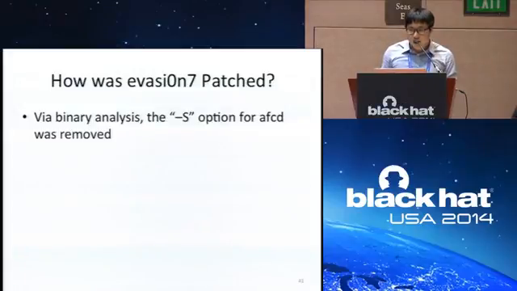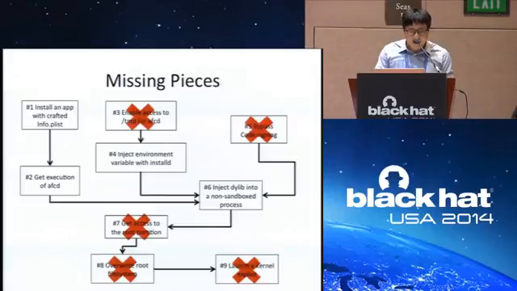From the patch, we can draw this graph that shows how the Evasion 7 attack was patched in iOS 7.1 and up to iOS 7.1.2. They fixed vulnerabilities number 3, 5, 7, 8, 9.